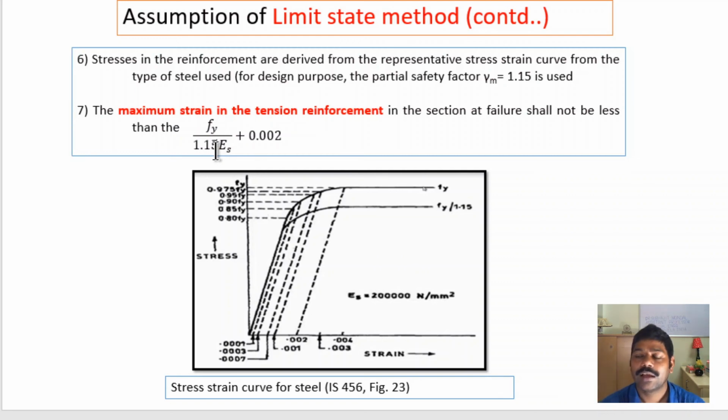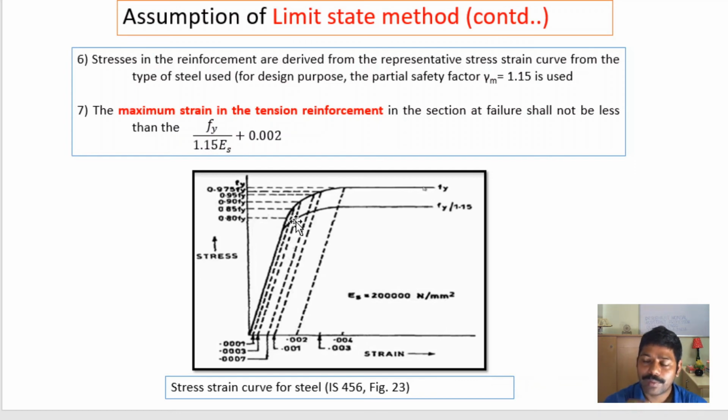Since the steel initially behaves linearly before going to the yield value, the line is very straight. If you conduct a tensile test and draw the stress-strain graph, you will find that the initial portion is sufficiently straight before reaching the yield value. So if you reduce to 87% of it, it will also be linear.